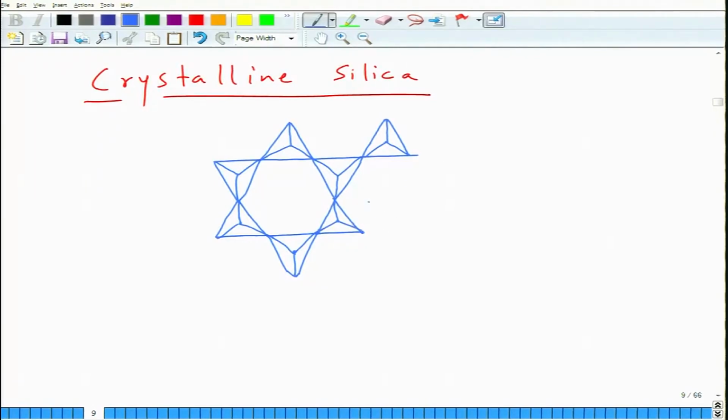So, basically this is how it is going to continue. If you continue this in 3D, you will form a silicate network, okay.